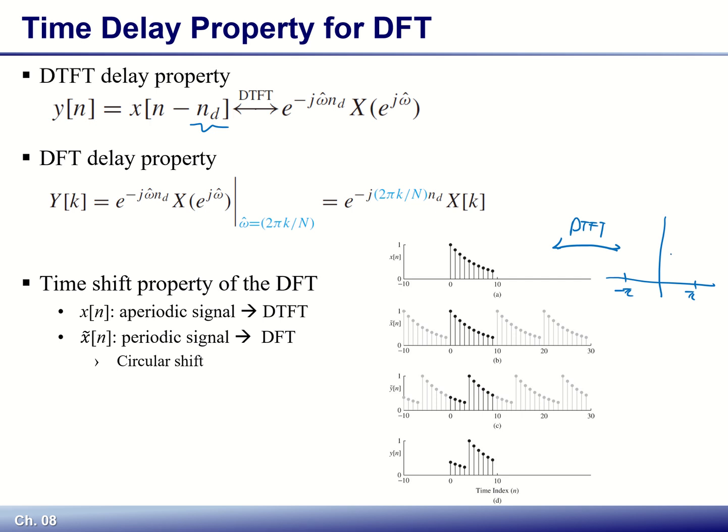Assume it is like this, and it is periodic with 2 pi, but we consider only the principal period, this area.